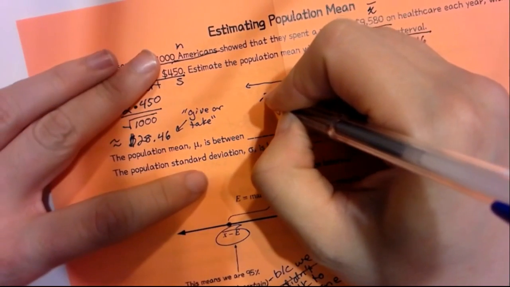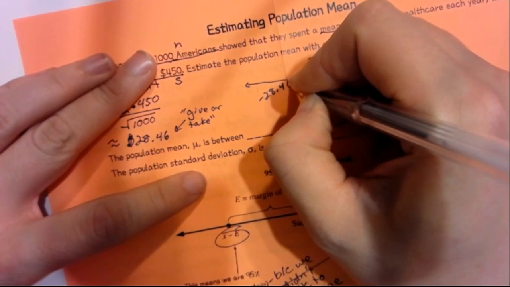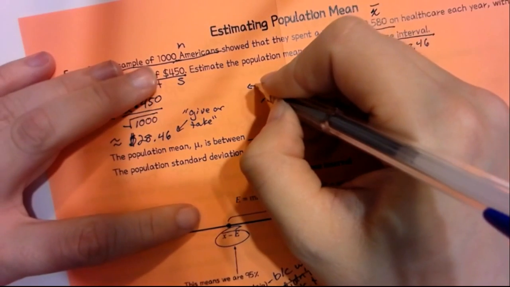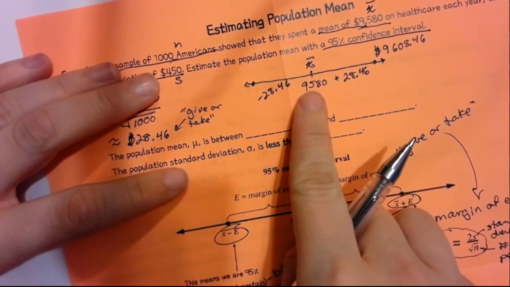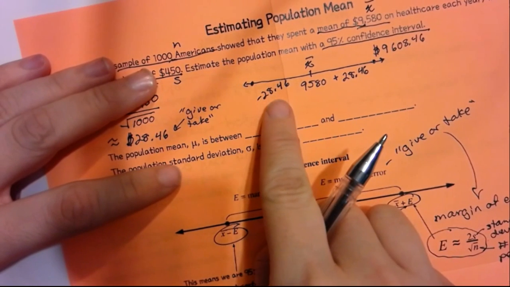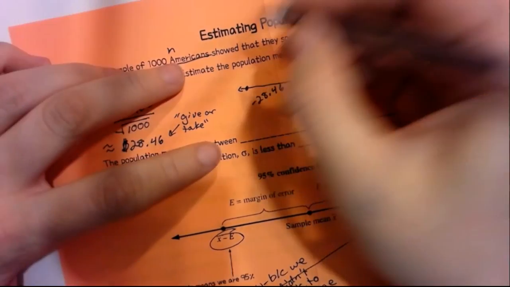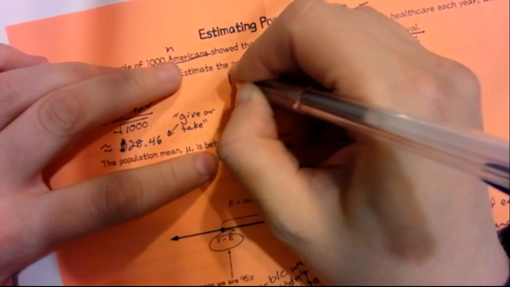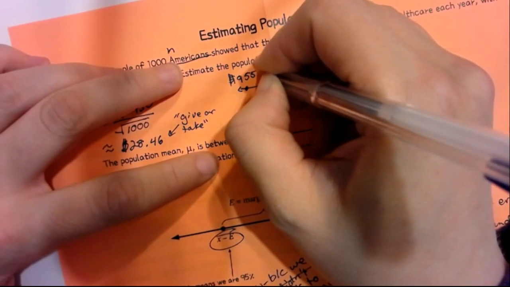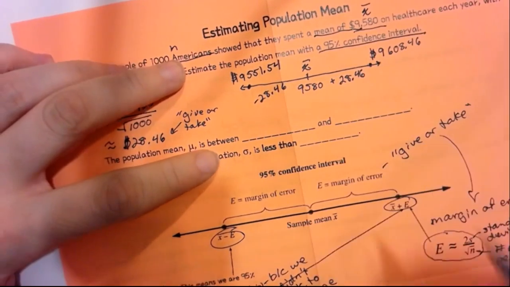So I'm going to put that like this. 9,580 minus $28.46 gives us $9,551.54.